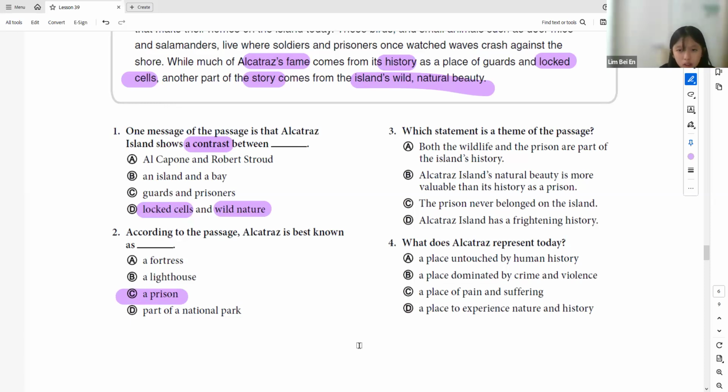Which statement is the theme of the passage? Is A the theme of the passage?